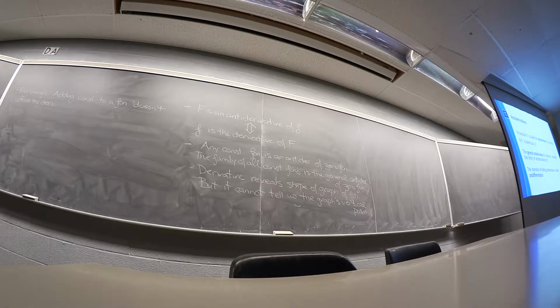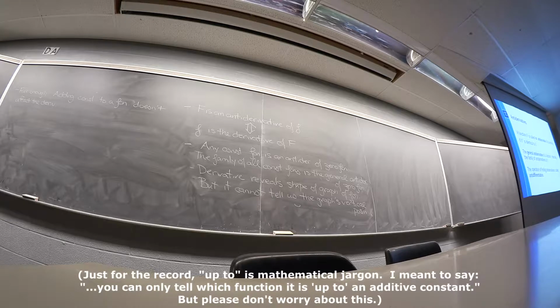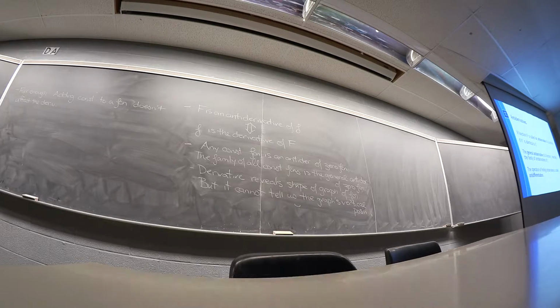So if someone tells you the derivative, you can't tell which function it is up to an arbitrary constant. So you can't tell the arbitrary constant, is what I'm saying.